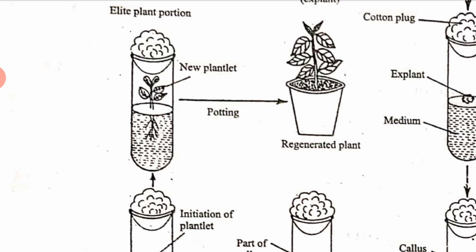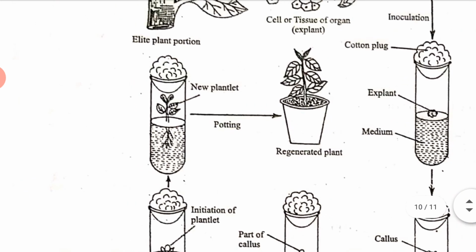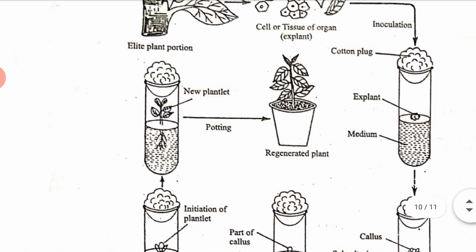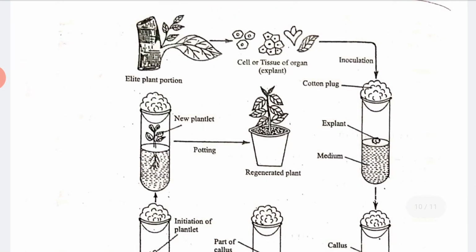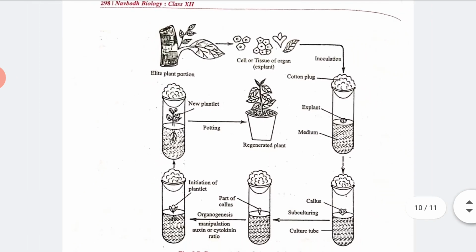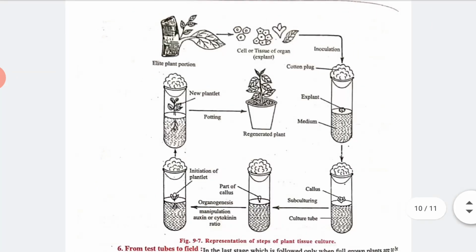At last we do the potting, we regenerate and put it in a pot, and that plant becomes a fully developed plant. Again we will do this technique once more. So this is basically the representation of the stages of plant tissue culture.